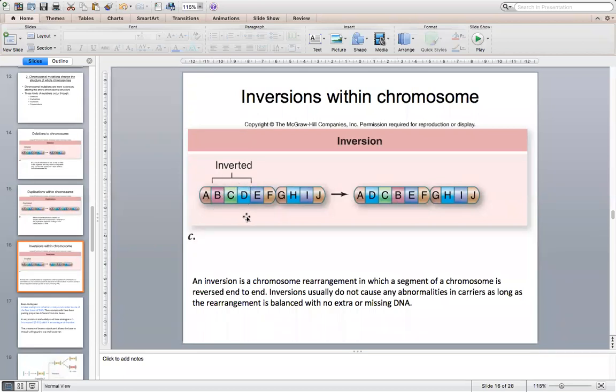This particular region is inverted. Here this inversion will not create much abnormality. However, if these inversions are attached with some extra regions of DNA, then there may be some abnormal changes in the behavior of the genes concerning that particular chromosome.